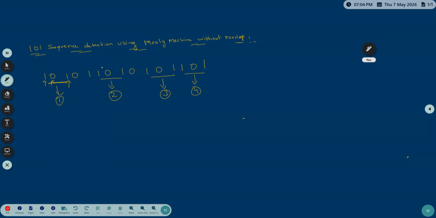Now we need to implement the same circuit using Mealy machines. What was the statement I told? If n bits are there, n states are required.